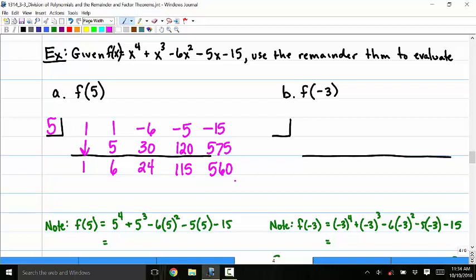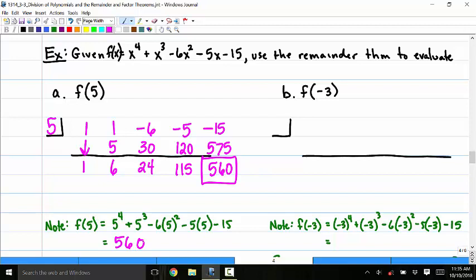So what is f of 5? 560. Did somebody check me and make sure if you plugged 5 in, you would get 560? Do you? Mm-hmm. All right.